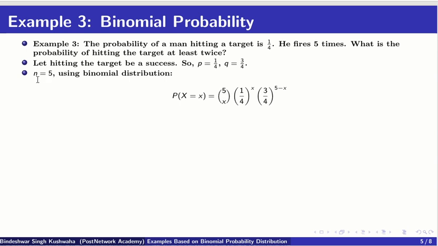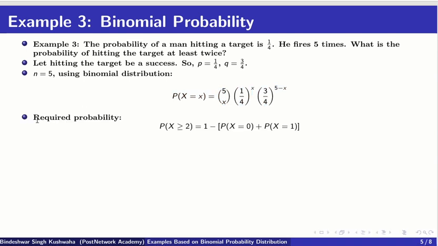Thereafter n is 5, so using the binomial distribution, that would be 5 choose x, 1 upon 4 raised to x, 3 upon 4 raised to 5 minus x. We have got this distribution, and the required probability, that means x is greater than or equal to 2, would be equal to 1 minus P(x = 0) plus P(x = 1).